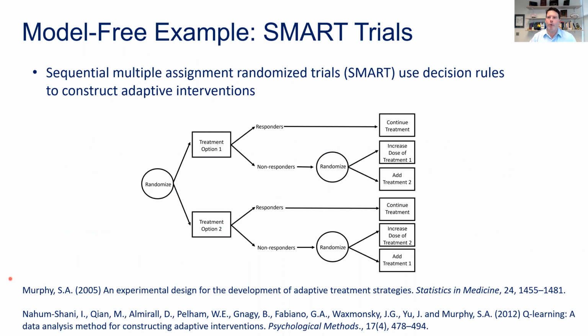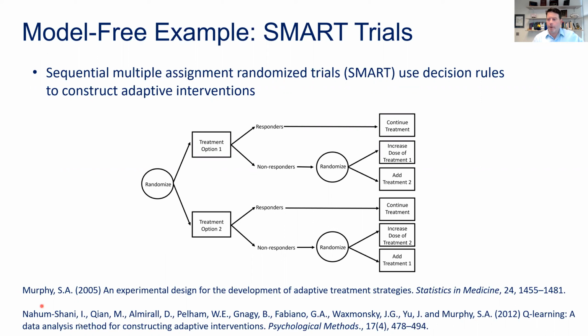This is early work that Susan Murphy did, and the basic idea is that you have a sequential multiple assignment randomized trial, so multiple stages and decision rules that are guiding decisions about how to allocate patients to different treatment interventions or behavioral interventions over time.